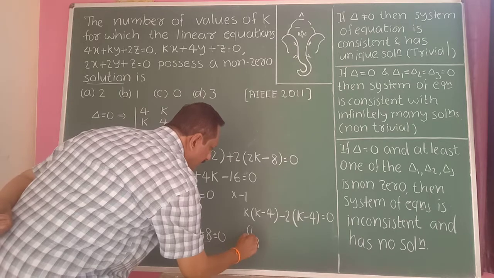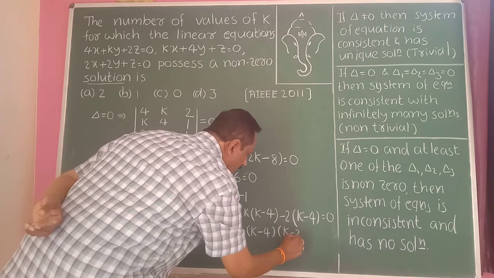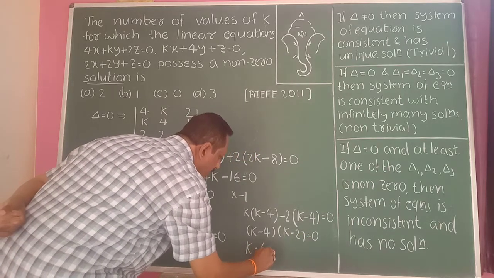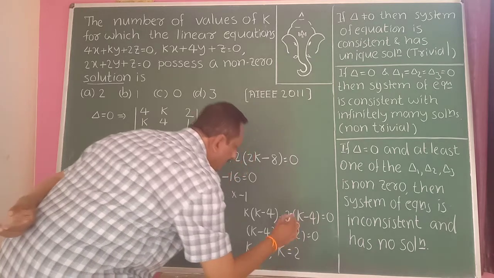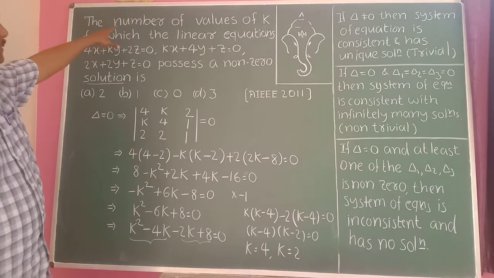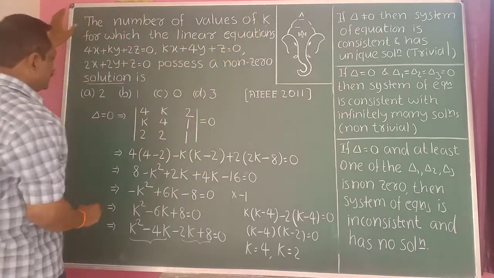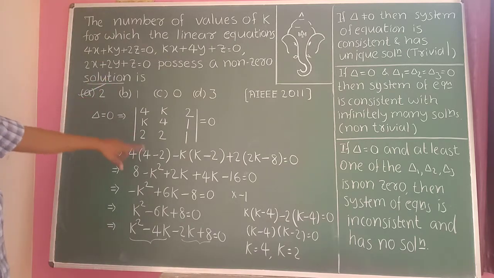Hence k minus 4 into k minus 2 is equal to 0 here. k is equal to 4 and k is equal to 2. Therefore, there are two values of k. Here the number of values of k. So obviously, the first option is two values of k.